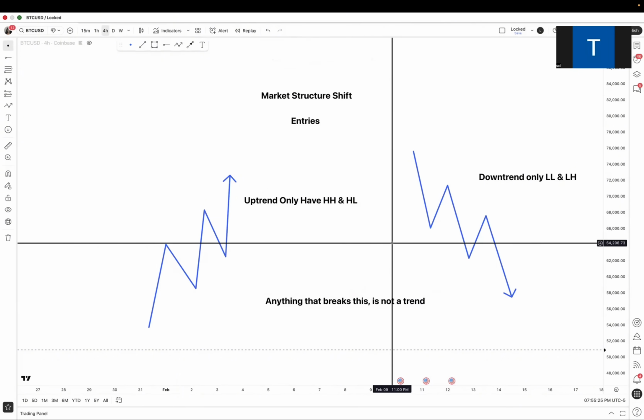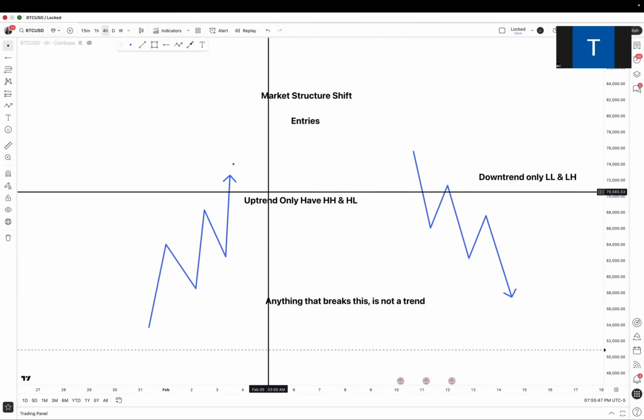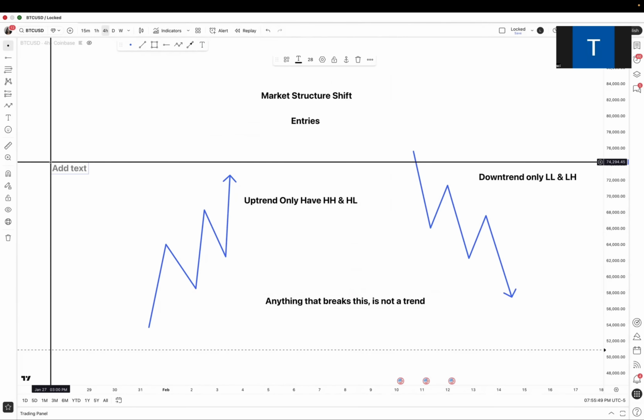So with all this being said, we know what an uptrend is, we know what a downtrend is. This is going over entries. Okay, I see an uptrend. I can see that the uptrend is there. How do I get into it? I see the downtrend. How do I get into the downtrend? So the best way to do this is higher highs, or not higher highs.